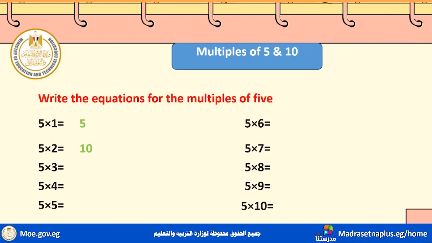Next will be 10, 15, 20, 25, 30, 35, 40, 45. The last one is, can you get the right number? Yeah, the last one is 50. This is called multiples of 5.